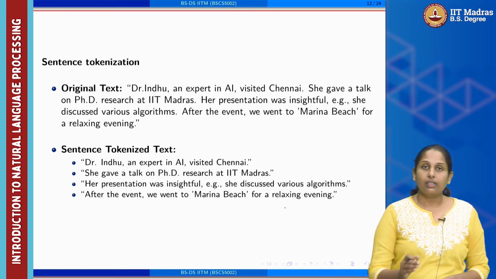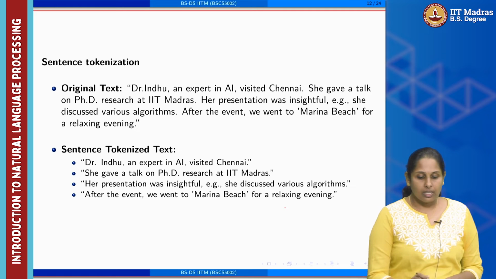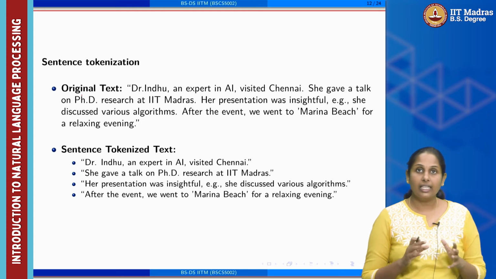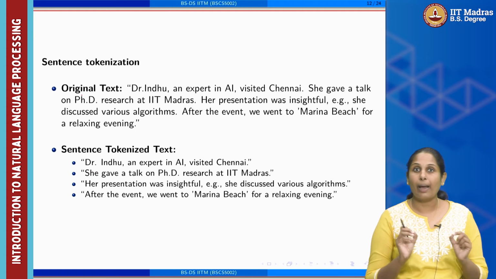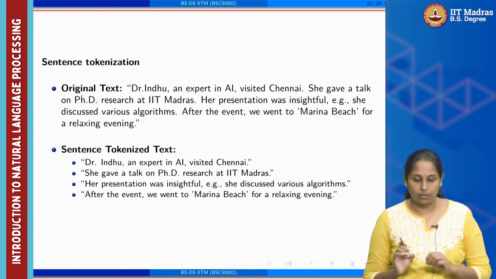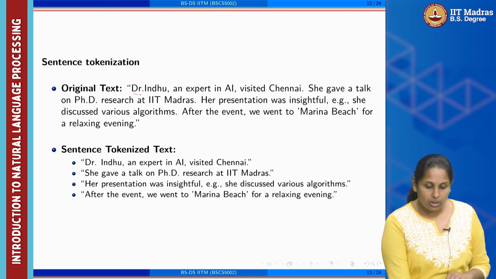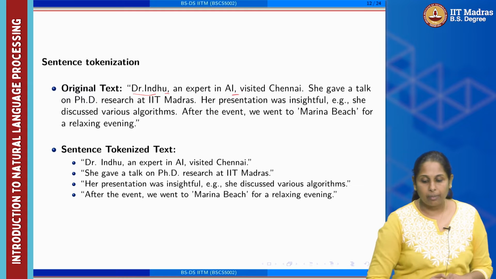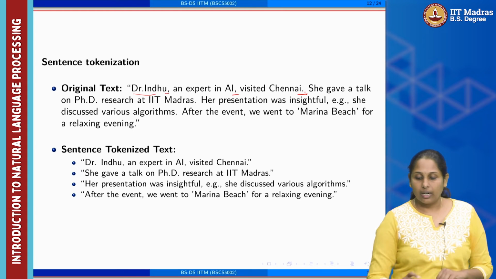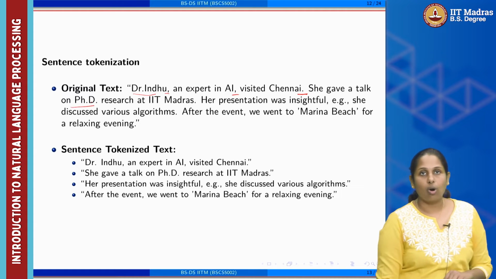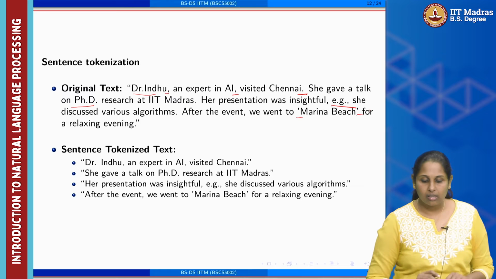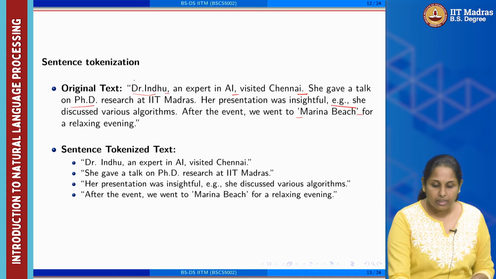Not only that, I will give an example here. There is an original text which has a lot of punctuation, and not all of the periods represent a sentence boundary. For example, Dr. Indu, comma, an expert in AI, comma, visited Chennai, dot. Similarly, there is Ph.D. and e.g., and we also have Marina Beach in quotes.